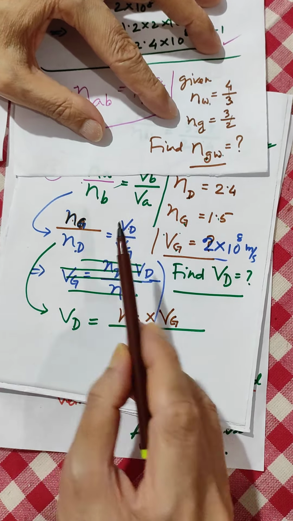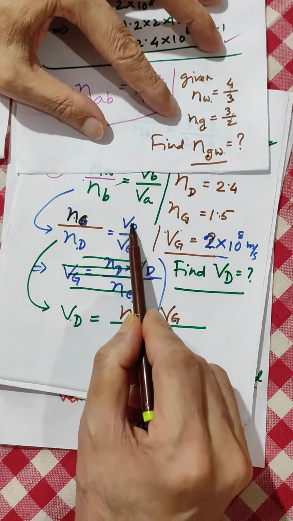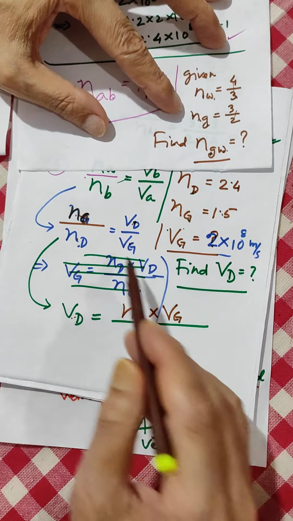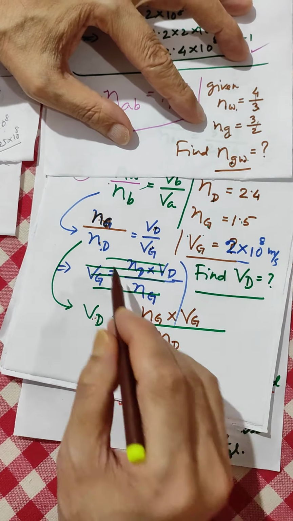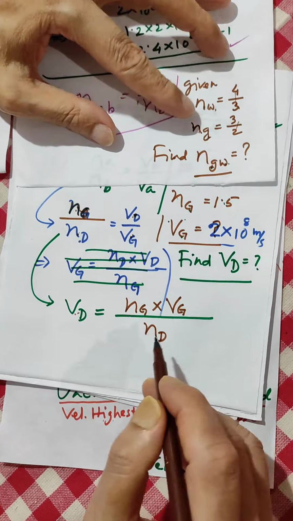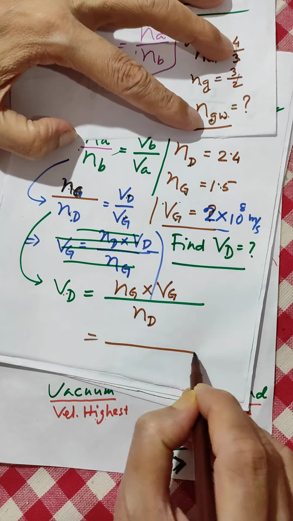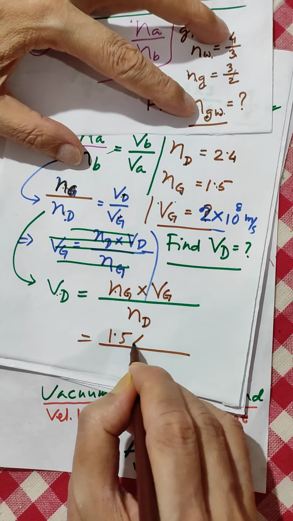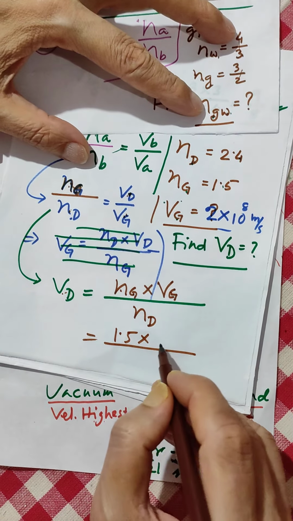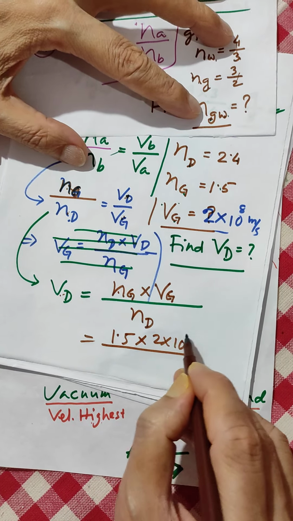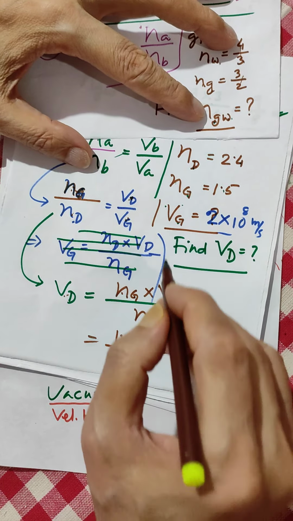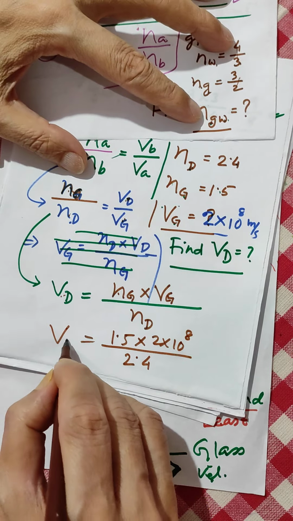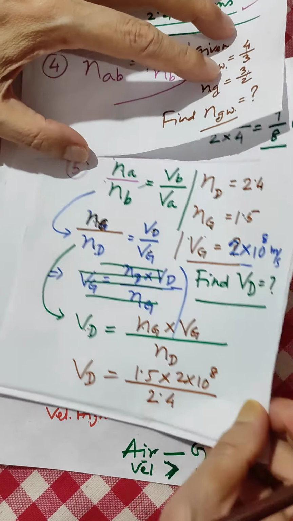So using this formula, what is VD? That is equal to this into this divided by this. Using the rule of equation. Now just put the value. Refractive index of glass is given 1.5 into velocity of light in glass given 2 into 10 to the power 8, then refractive index of diamond given 2.4. So this is VD, velocity of light in diamond.